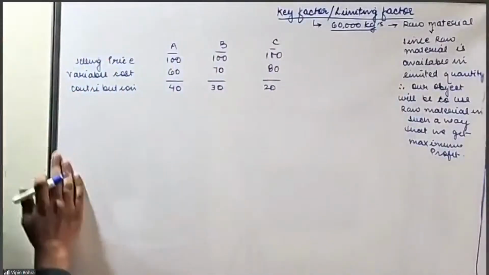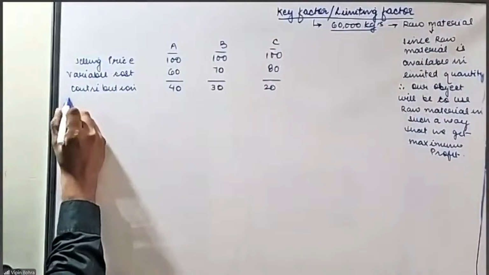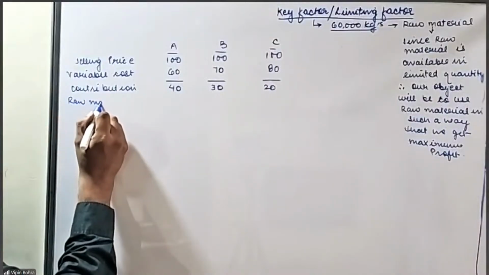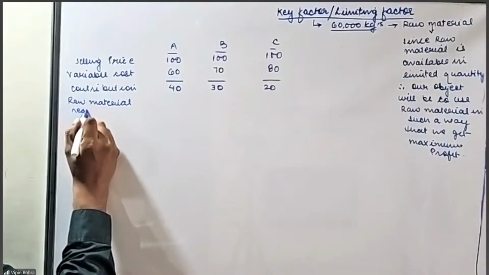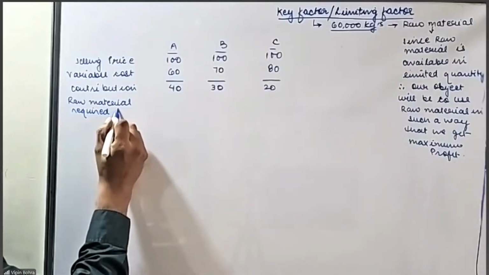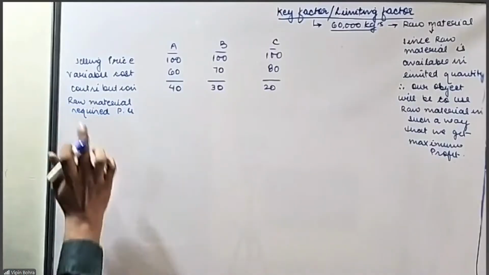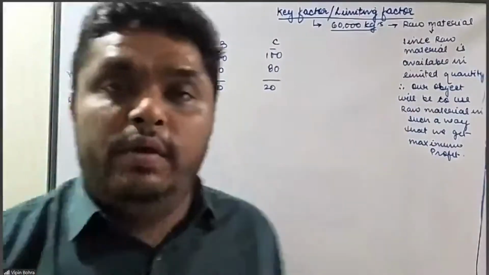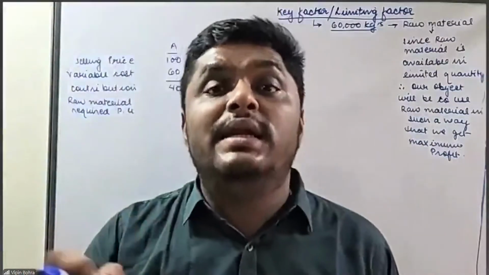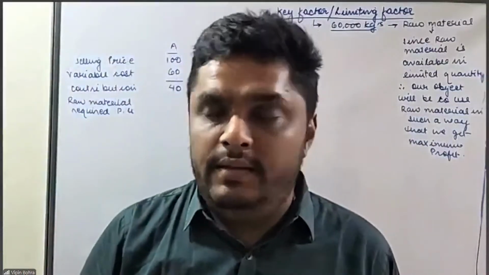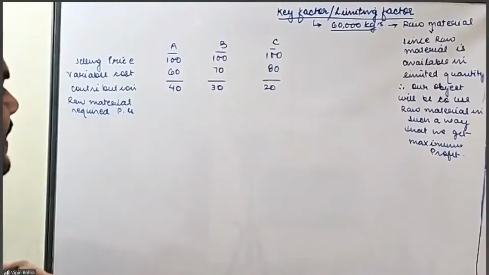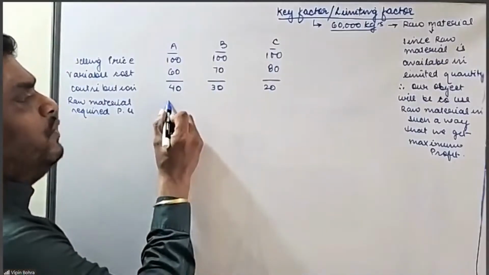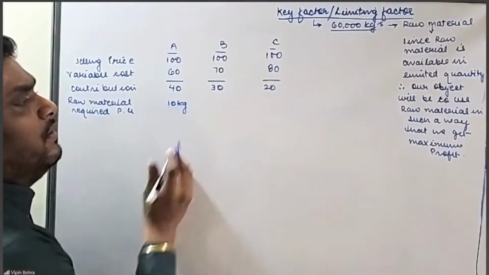Now, रॉ मटेरियल रिक्वायर्ड पर यूनिट, एक यूनिट बनाने में कितना क्वांटिटी ऑफ रॉ मटेरियल लगता है? Let's say to manufacture product A, we do require 10 kgs.